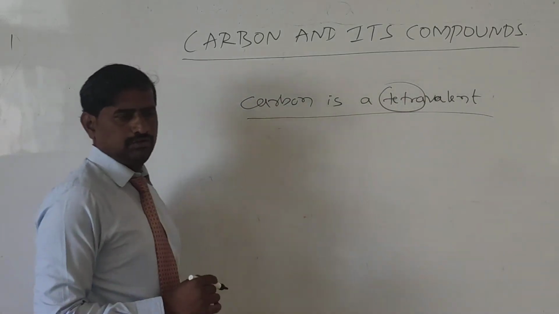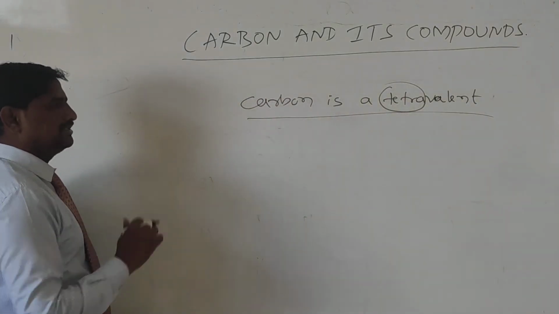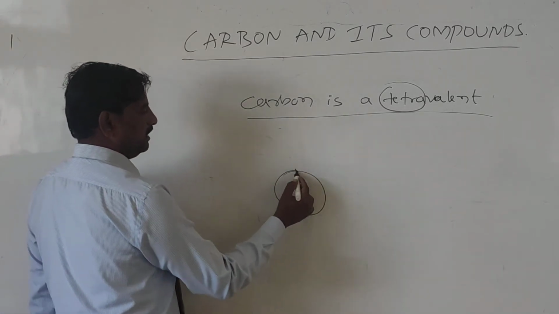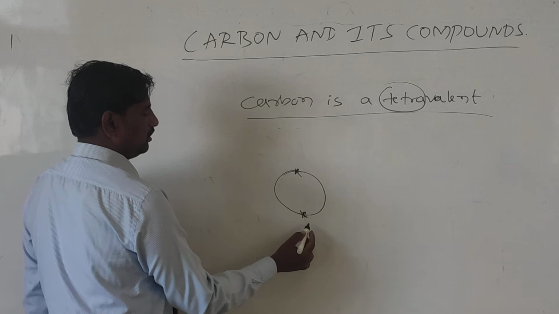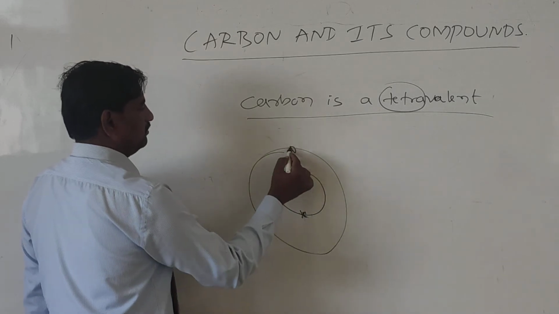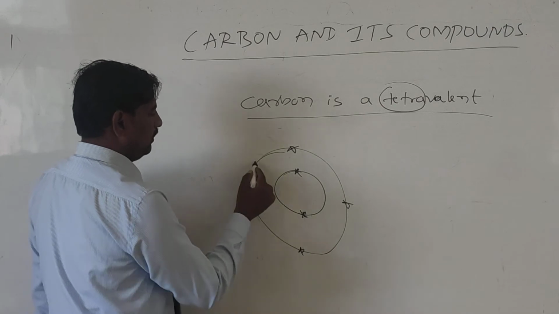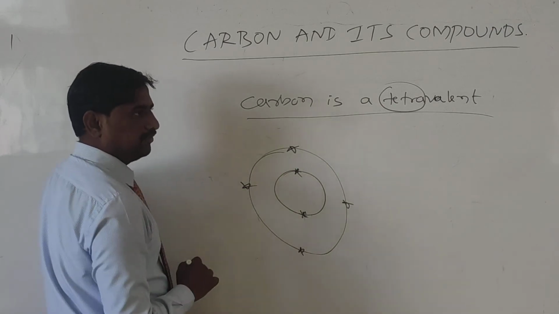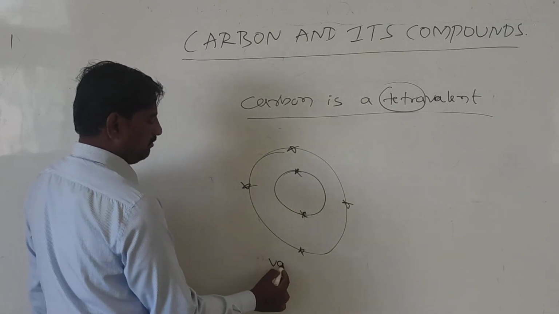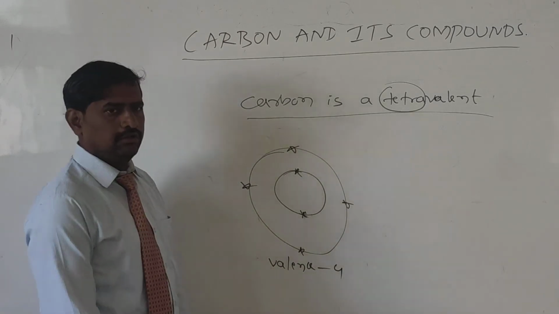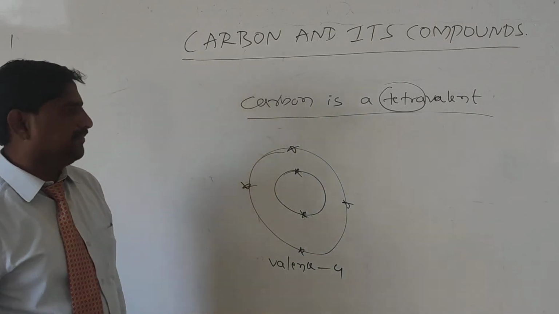Usually, as we have already read, in the first shell carbon has 2 electrons, and the second orbit has 4 electrons. So the outermost orbit contains 4 electrons, hence its valency is 4. So carbon is tetravalent.